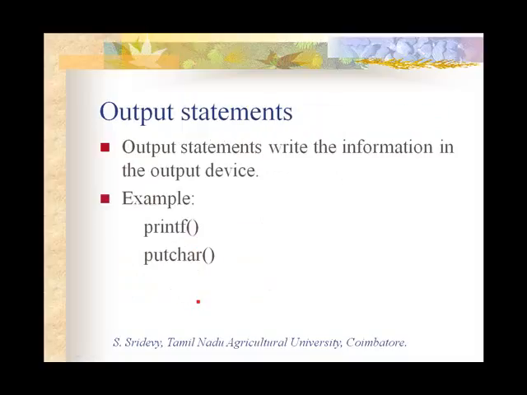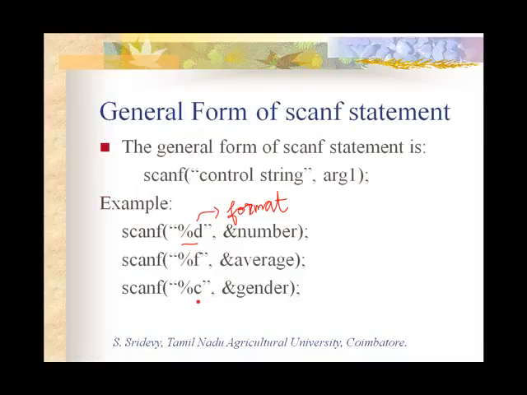Here you can see the difference between the input statement scanf and the output statement. Though we say the general format is scanf, control string followed by argument 1, printf also says printf, control string, argument 1. But the major difference is that you have to make use of the address operator in the scanf statement.